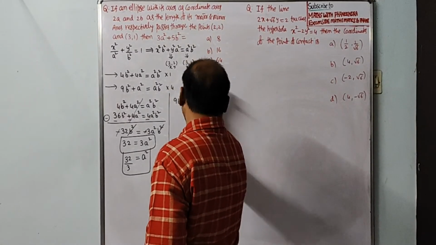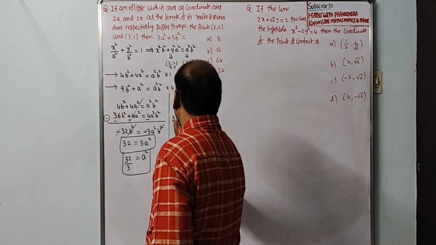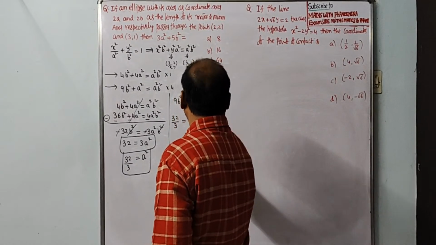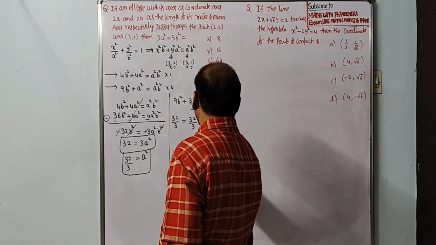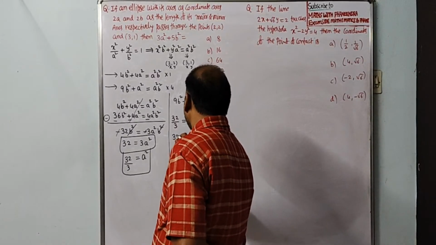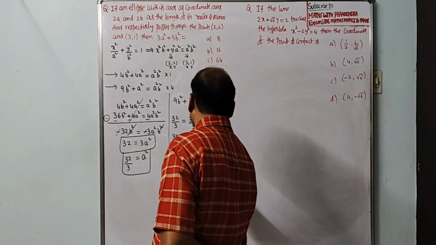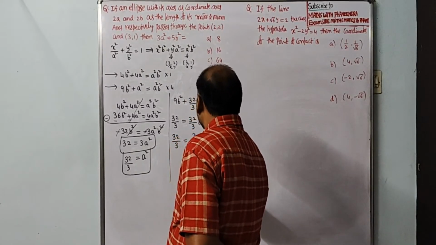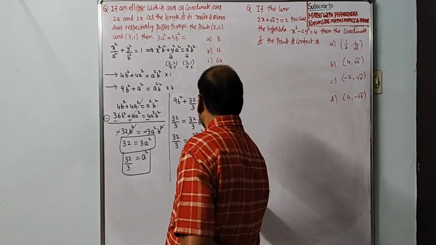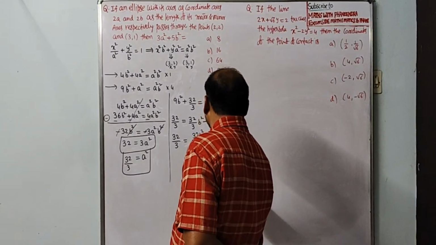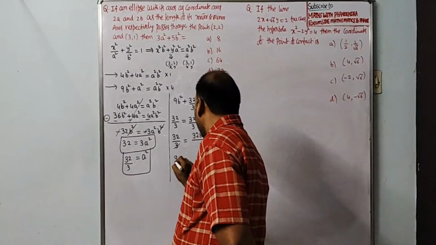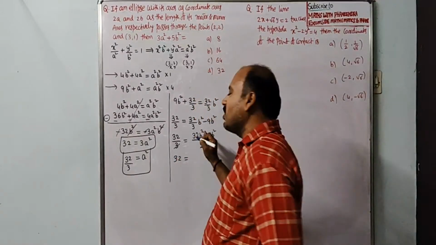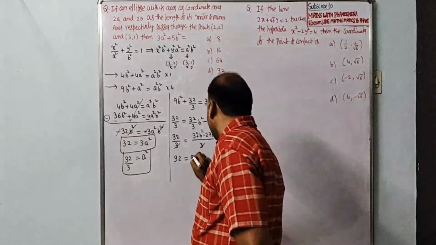So this 9b square will bring this side. 32 by 3 is equal to 32 by 3 b square minus 9b square. So 32 by 3 is equal to 32b square minus 27b square, by 3. So 3 gets cancelled. 32 is equal to 32b square minus 27b square, which is 5b square.